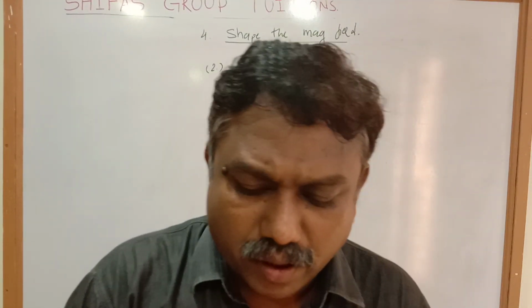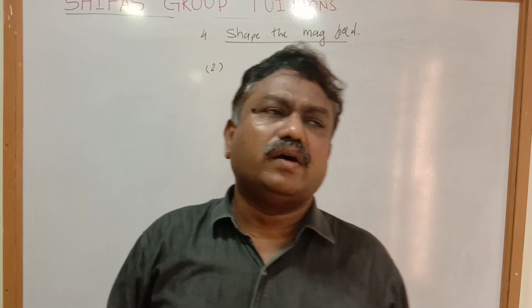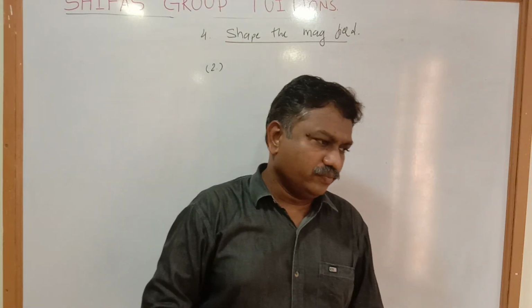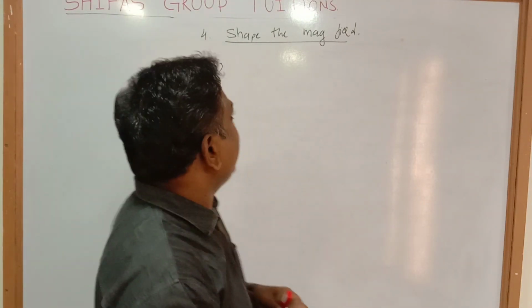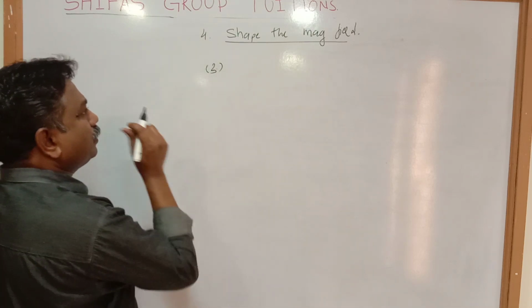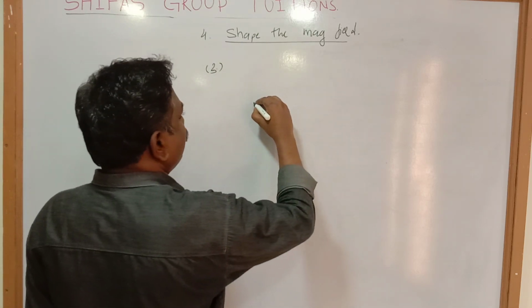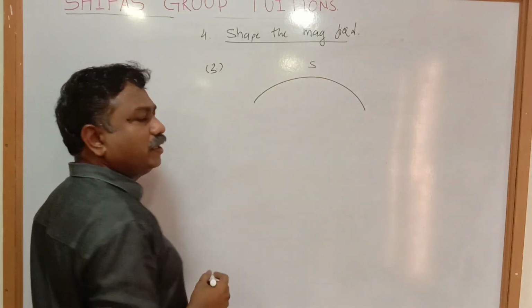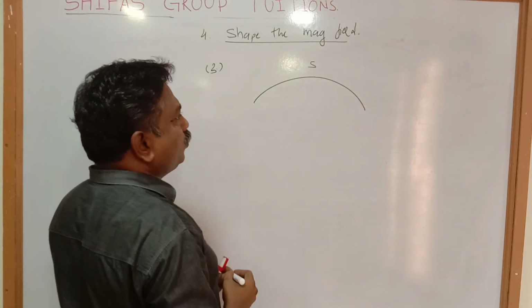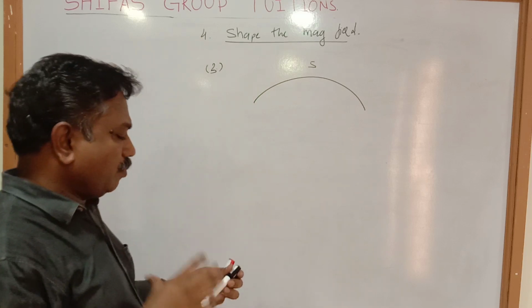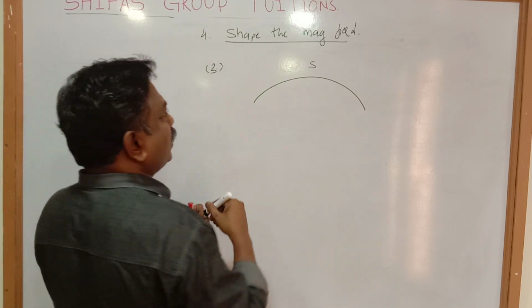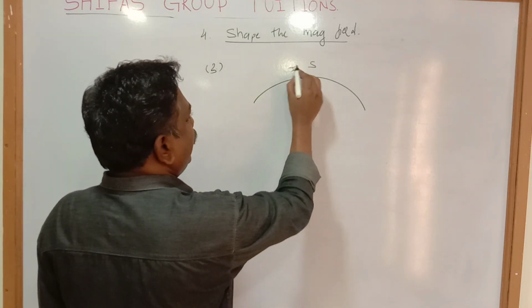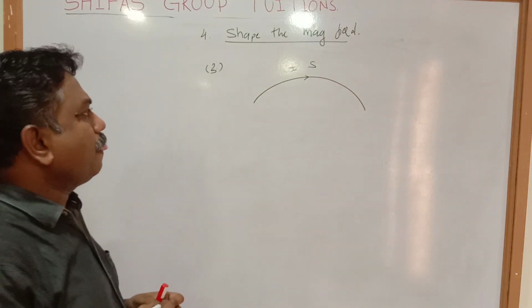Now dear student, we will go for one particular shape, and this third part is very important. In 10th standard we have learned about the arc of a circle. Now if you imagine the part of a circle, through which the current I is passing, and you want to find out the magnetic field.